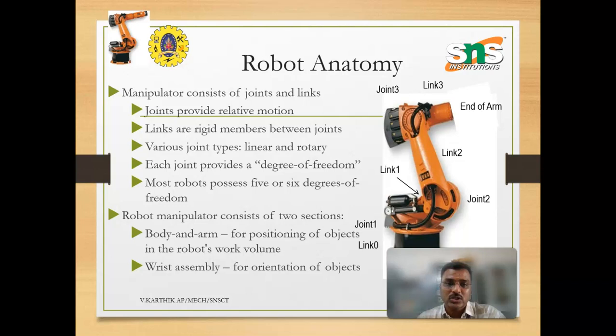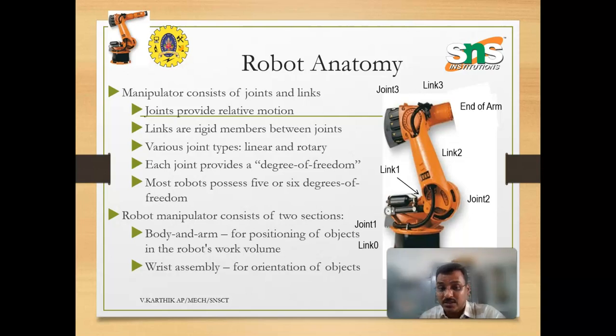The manipulator consists of joints and links: the joints provide relative motions, and links are rigid members between joints. Various types of joints are used in robot anatomy. The main point in robot anatomy is the degrees of freedom, where we have 5 or 6 degrees of freedom. The robot arm will rotate to pick and place the object to continue in these manufacturing processes.